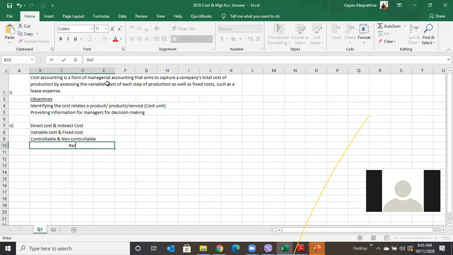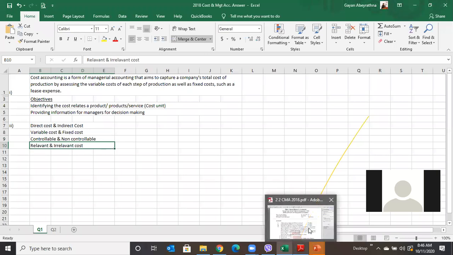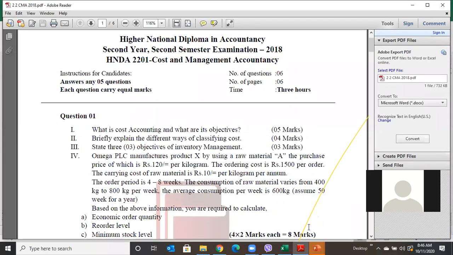Relevant and irrelevant. That's it. All the things are available in the notes. If you wrote 4, then you can earn 4.